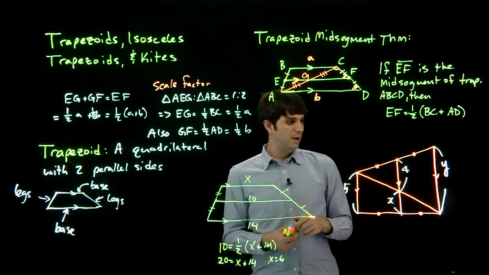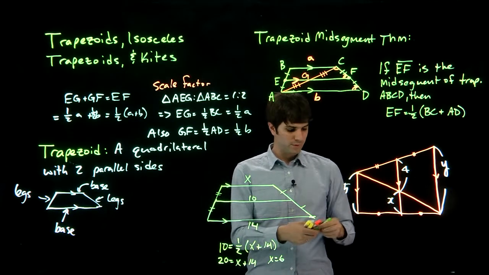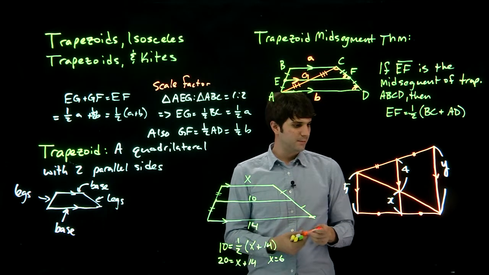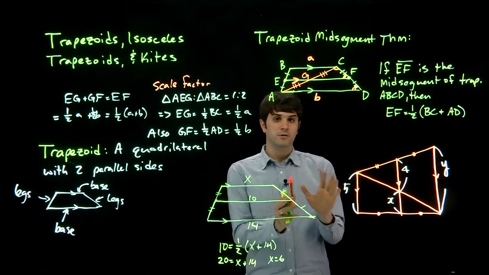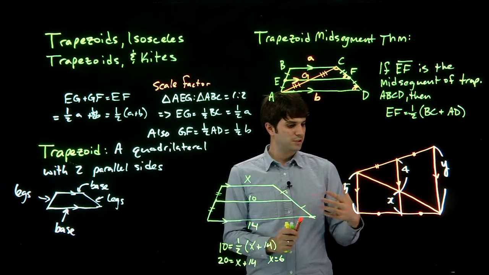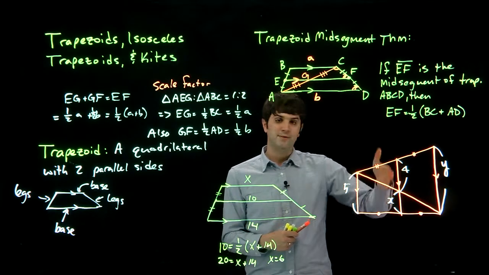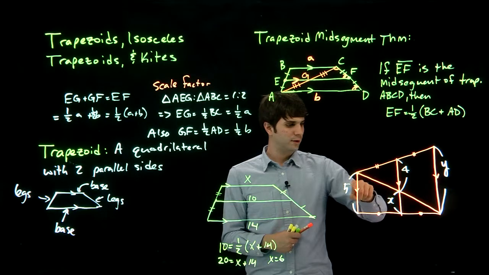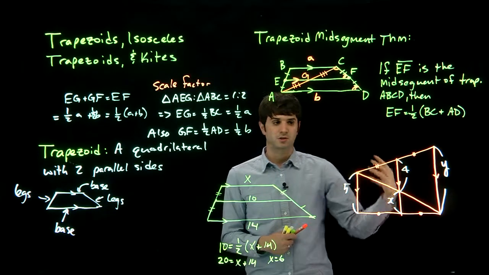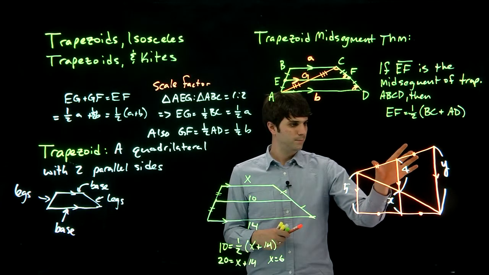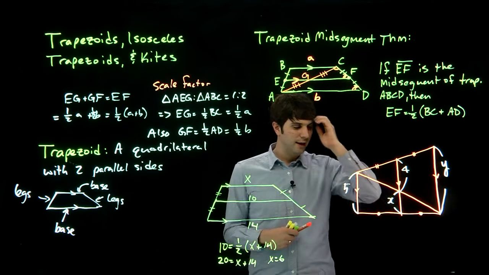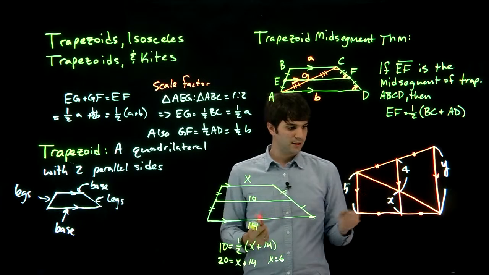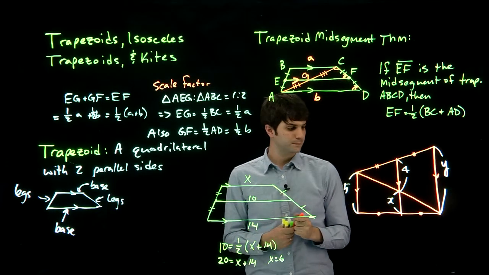All right, moving on to this problem, slightly more difficult. Before we jump into this, we do have a trapezoid and we do have a midsegment here. We have parallel lines, which makes it a trapezoid. This point is a midpoint, this point is a midpoint. So we can use the trapezoid midsegment theorem.